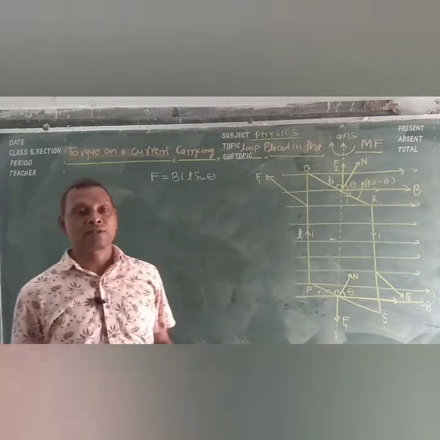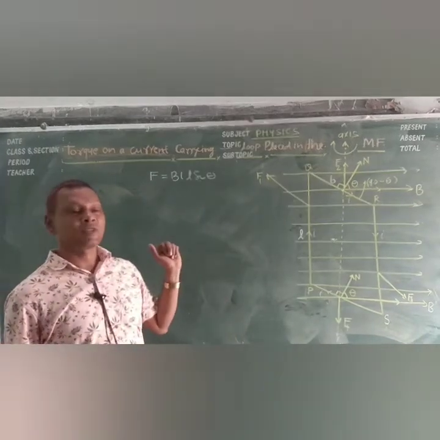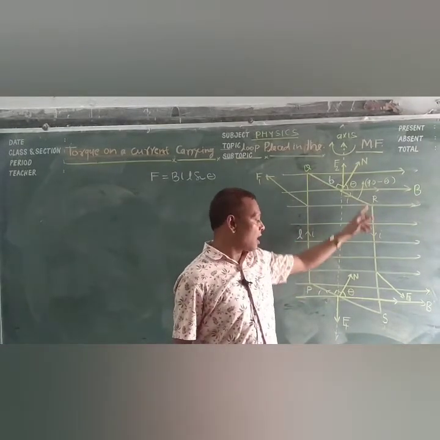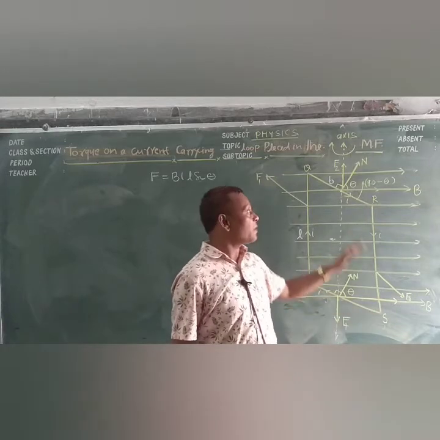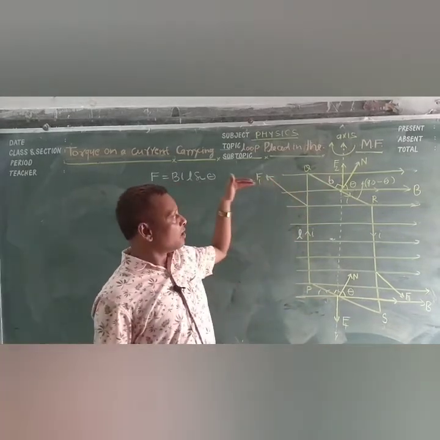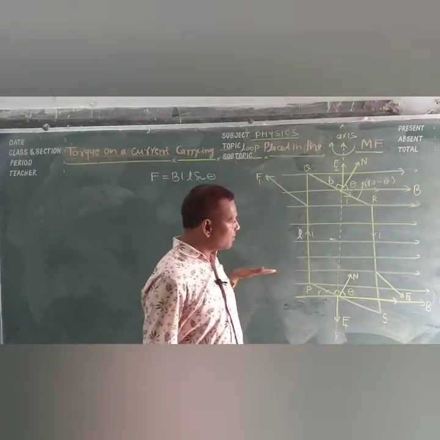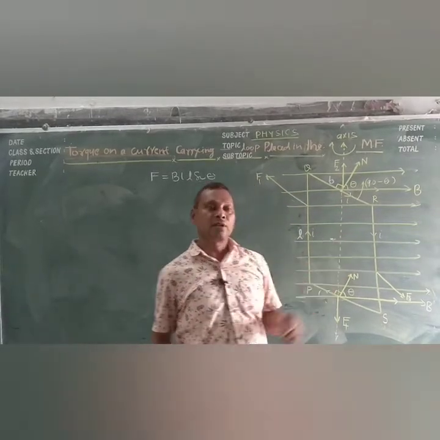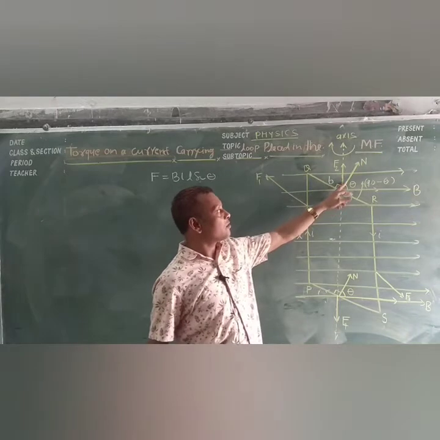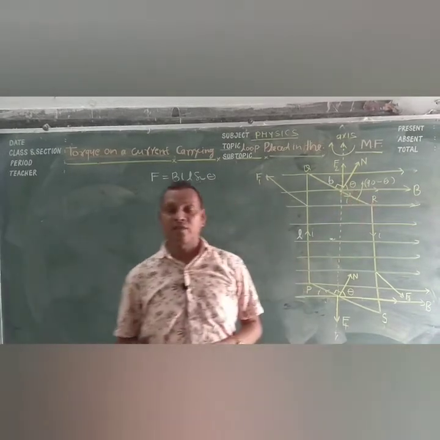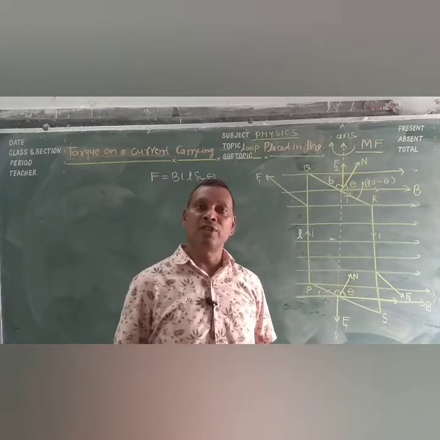For this, we consider a rectangular loop PQRS suspended vertically in the uniform magnetic field B, such that its area vector makes angle theta with the magnetic field as shown in the figure.